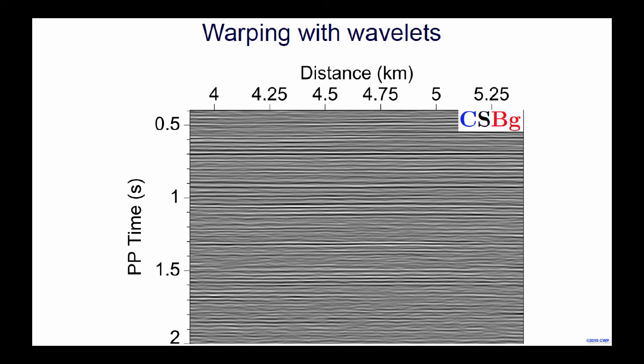Now what makes the warping with wavelets algorithm different from other algorithms is that we're applying a filter before squeezing, and we're applying the squeezing operator to time-delayed versions of our PS trace image. And it's these differences that allow us to reduce our wavelet distortion and to estimate our wavelets.